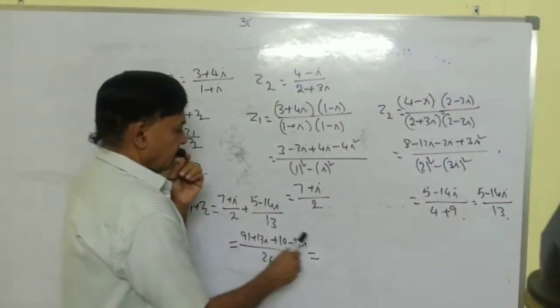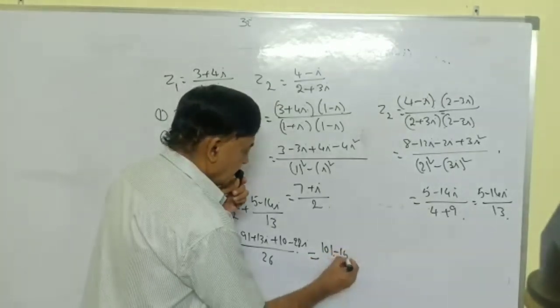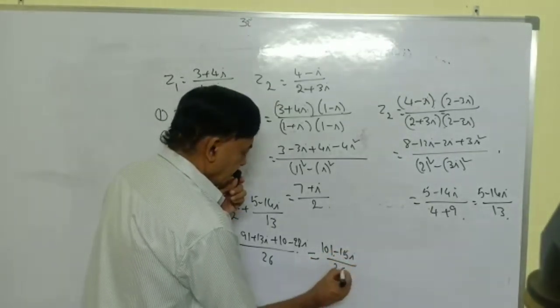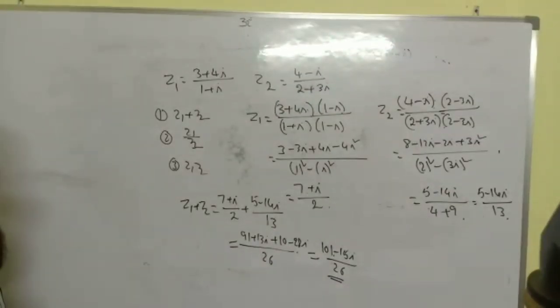So 91 plus 10 is 101, minus 15i by 26. 101 minus 15i by 26 you will get. That is how Z1 plus Z2 can be estimated.